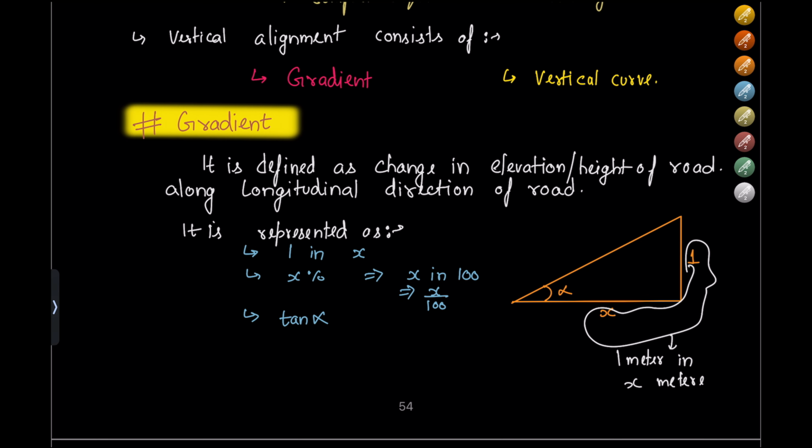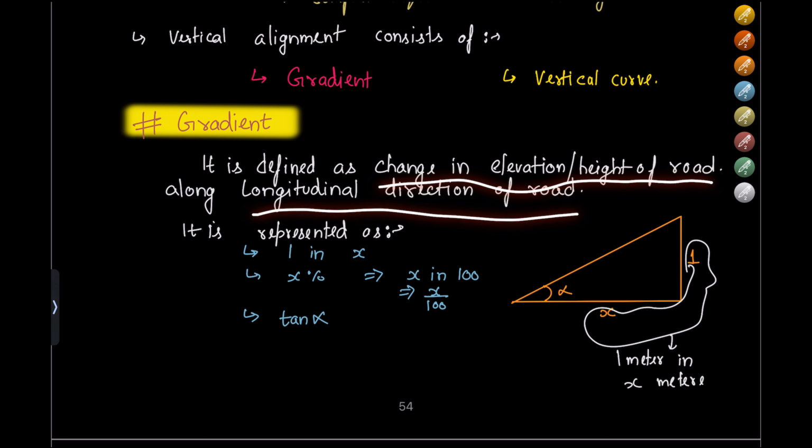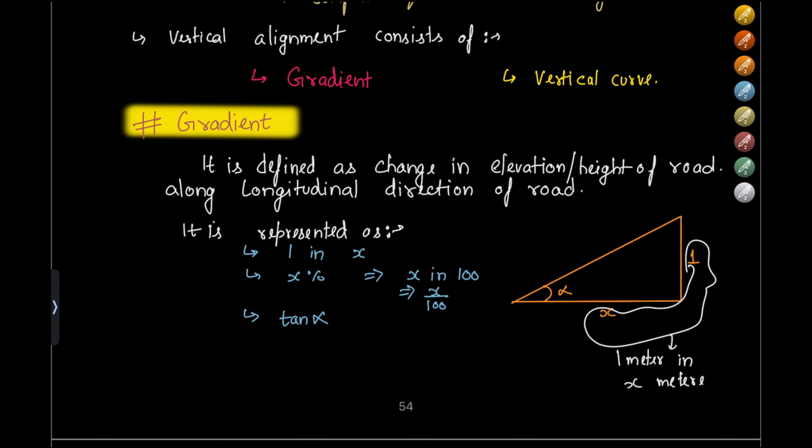Next, let's study about gradient. What is gradient? It is defined as a change in elevation height of road along the longitudinal direction of the road. It may be represented as 1 in x, or as x%, which is given as x in 100 or x upon 100.